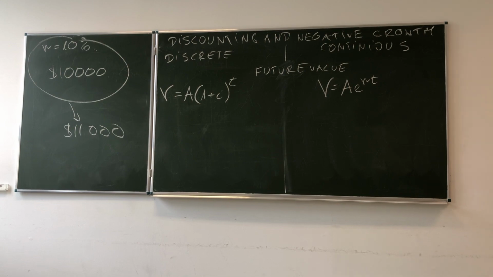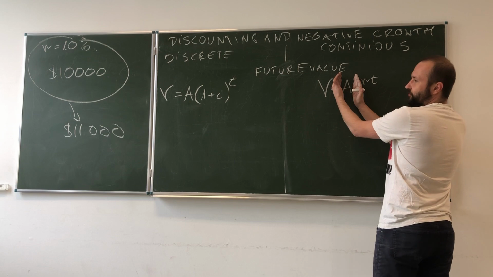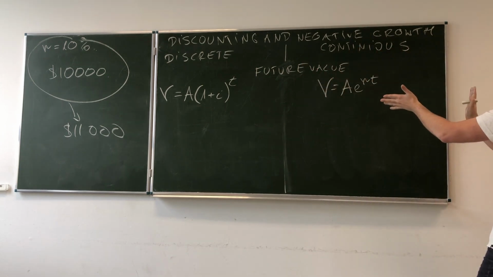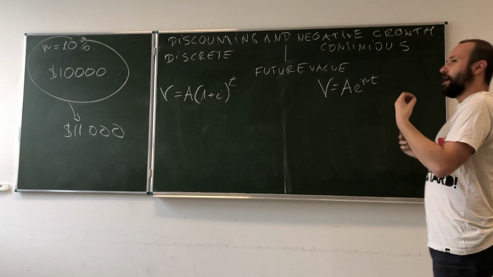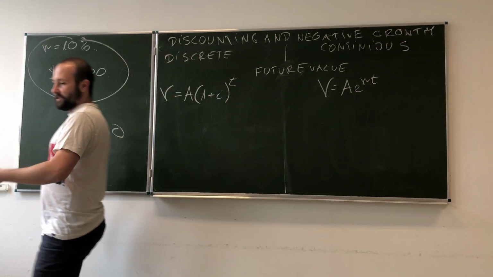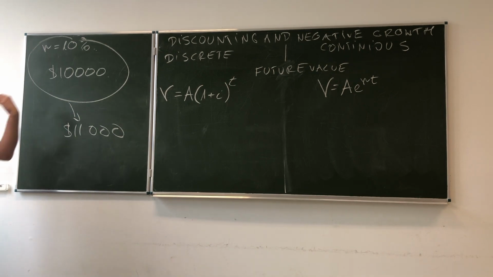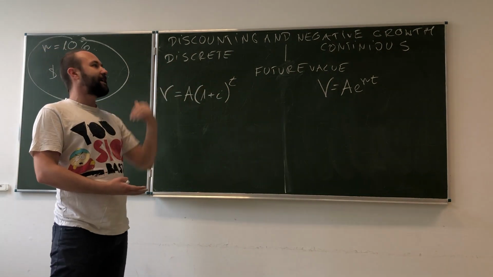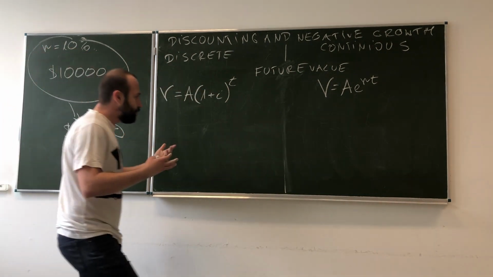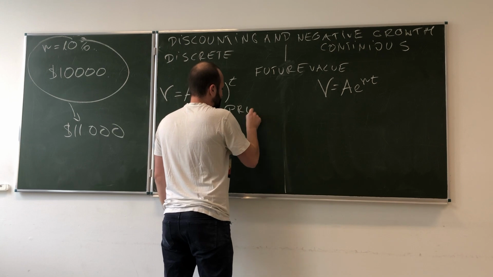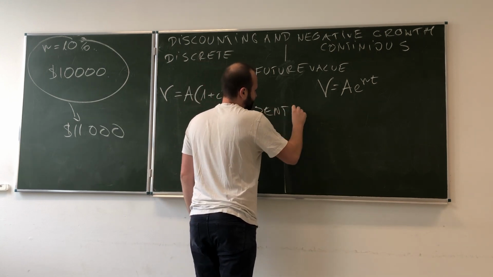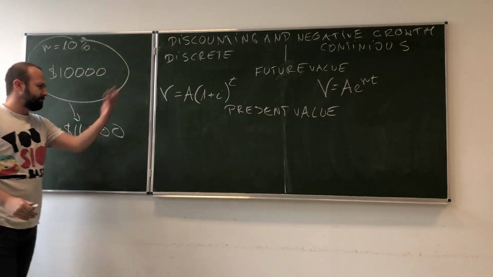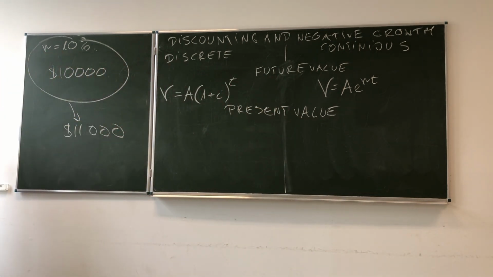Just as here we had some amount of money A at the beginning and we were calculating the future value, now we are being offered some amount of money in the future, so we need to take it into present terms. So we will be calculating present value. And how do we do it? It's actually quite easy.